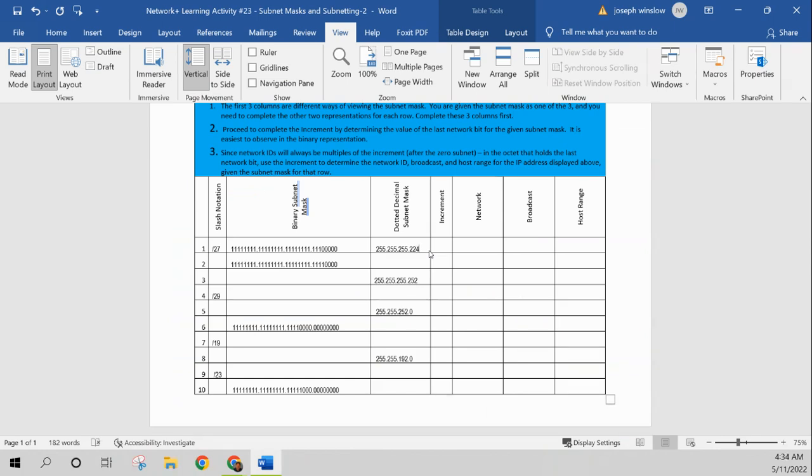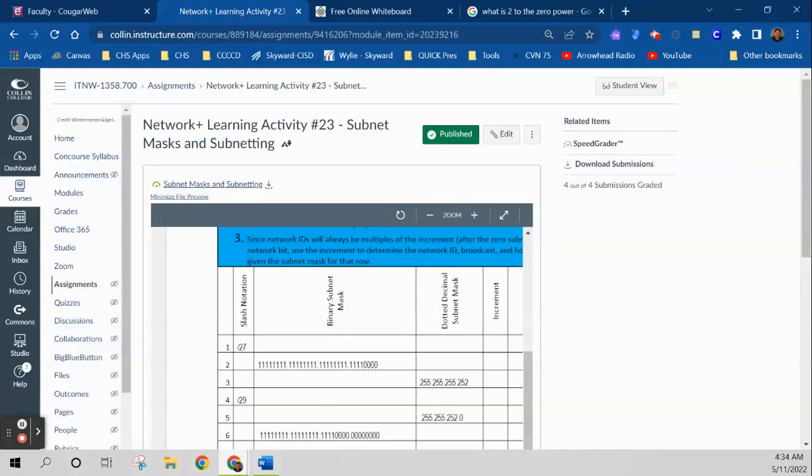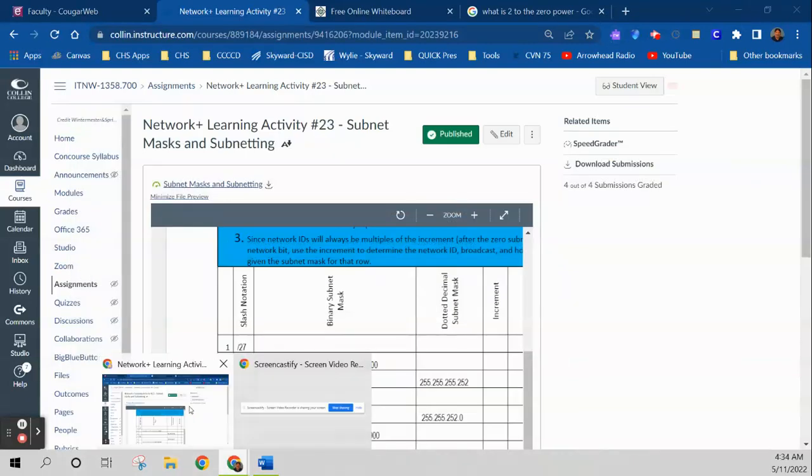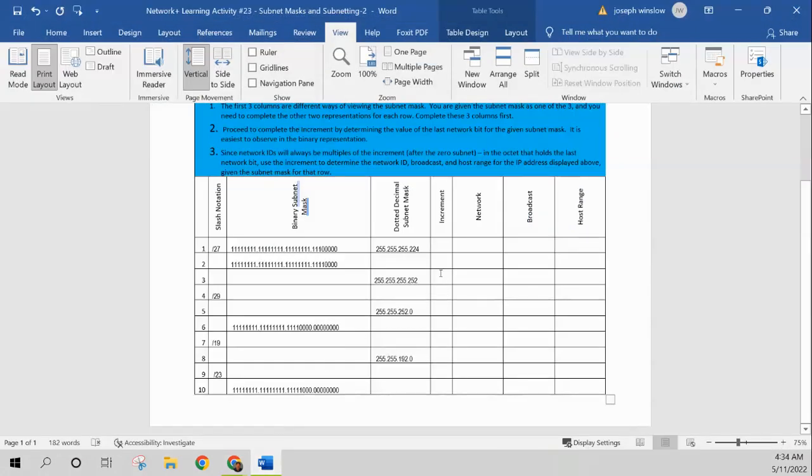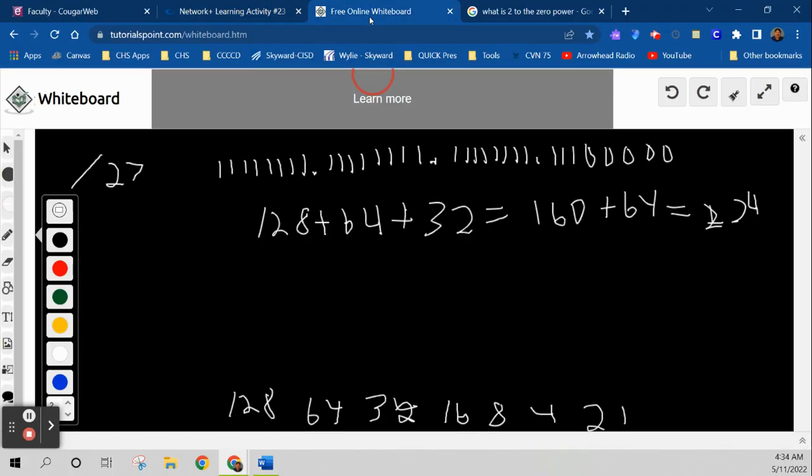And that sets up one last thing, the increment. So we know that the increment is where the octet, sorry, I'm trying to go back to the whiteboard, that we borrowed.